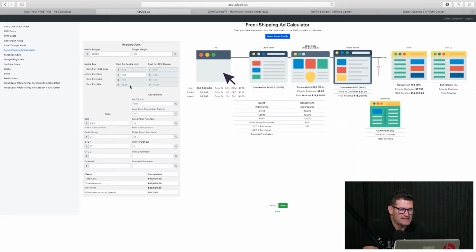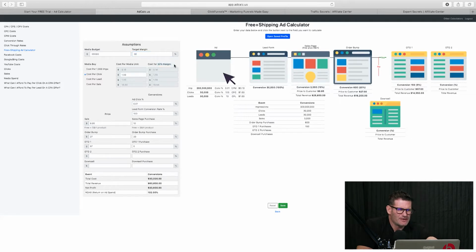Okay. Now let's look at what this looks like. What this calculator does, which is really awesome, is because you're saying you want to work on 30% margins, right? And everybody that understands that, gross margins means it's the total revenue minus your costs is your gross margin. Okay. So you want to work at 30%.